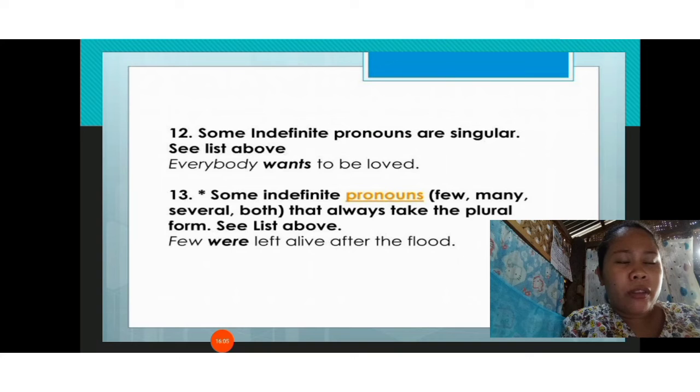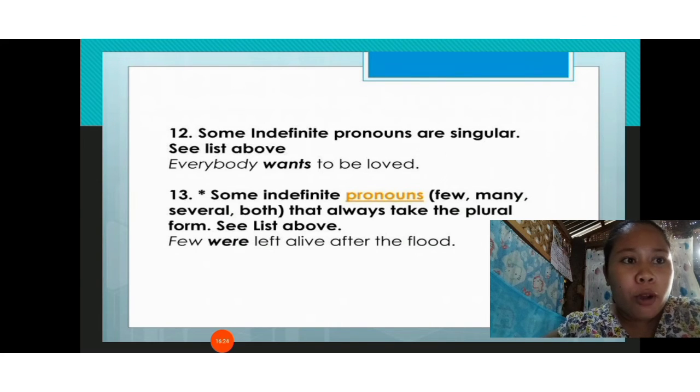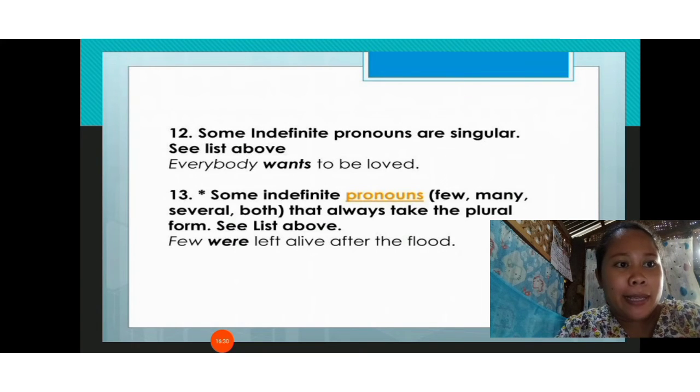Although it's not an exact number of how many are left alive after the flood, we can understand that it is more than one. We have the plural form of the verb were, and this is also past tense because the sentence happened in the past. Few were left alive after the flood.